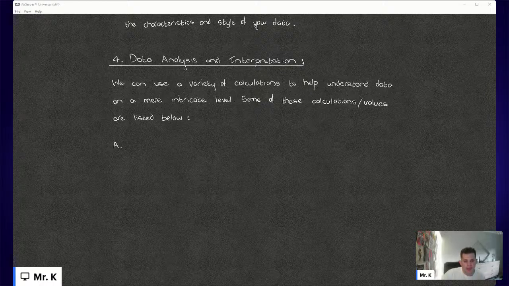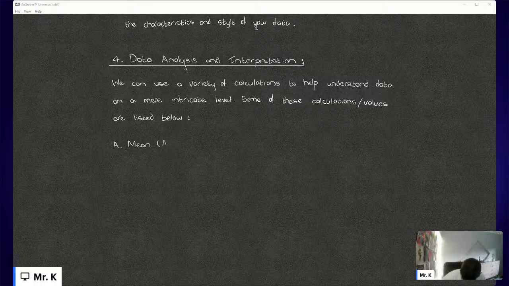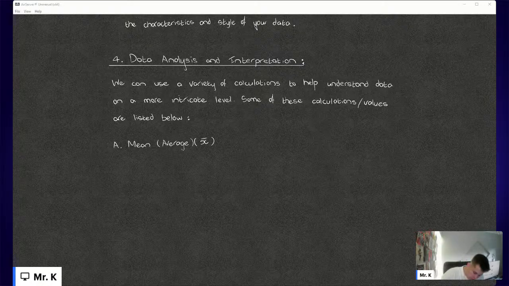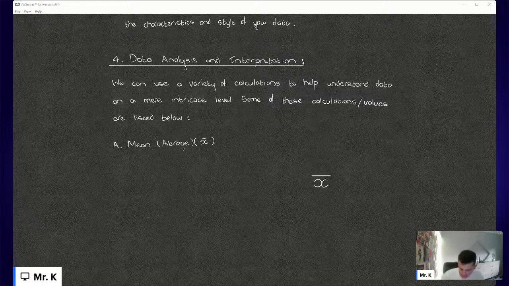Well, A, we can use the mean, which is the average. We chatted about this last week, right? It's sometimes referred to as X bar, just the letter X with a flat line drawn on top of it like so. That is X bar.